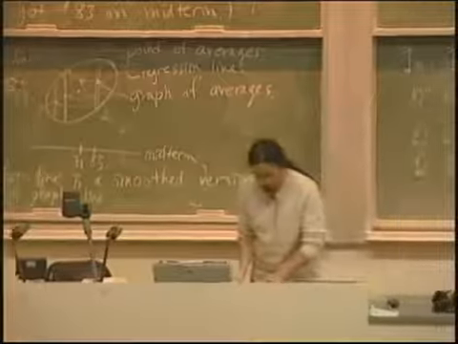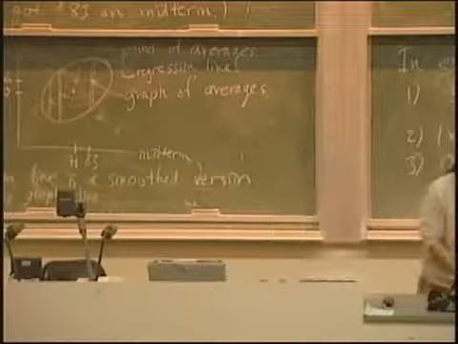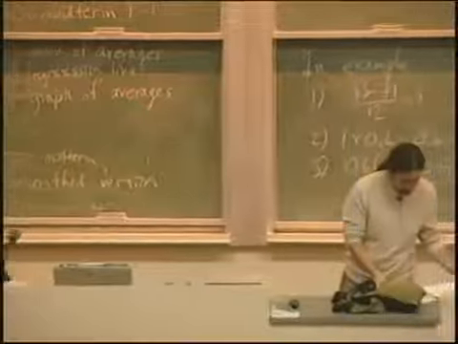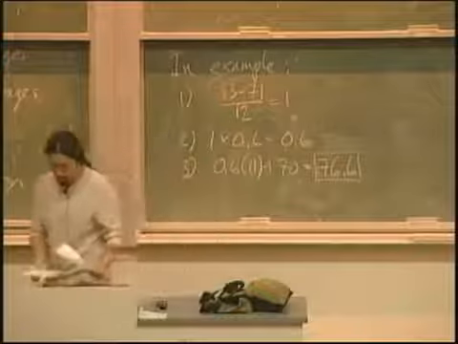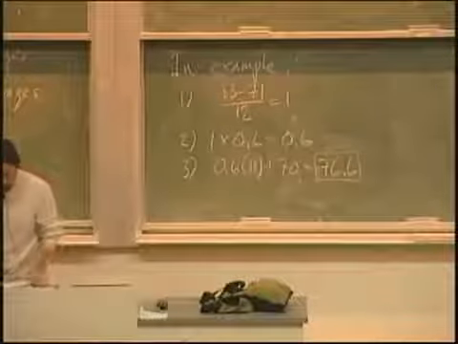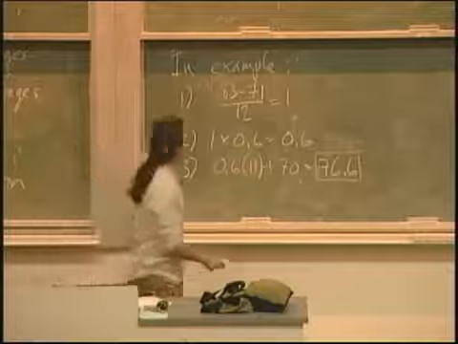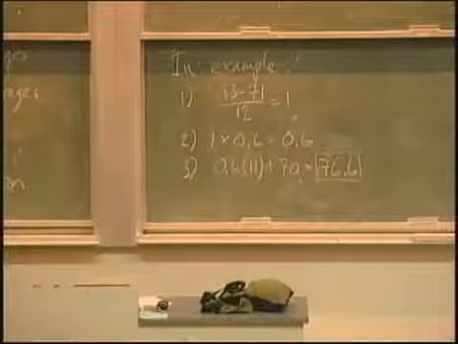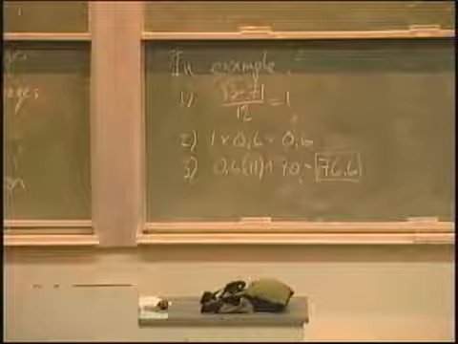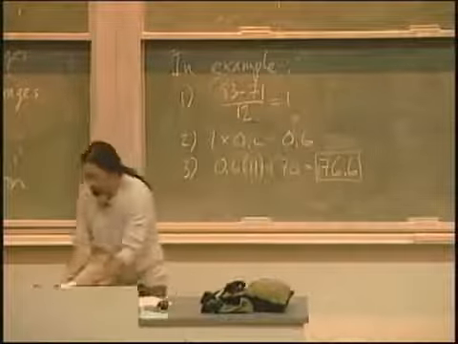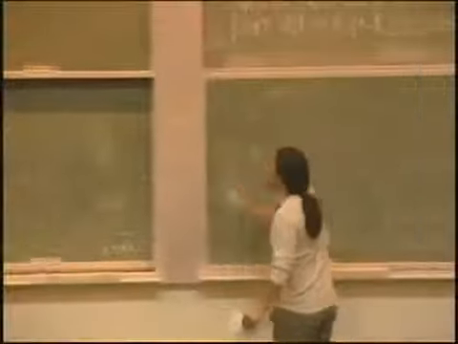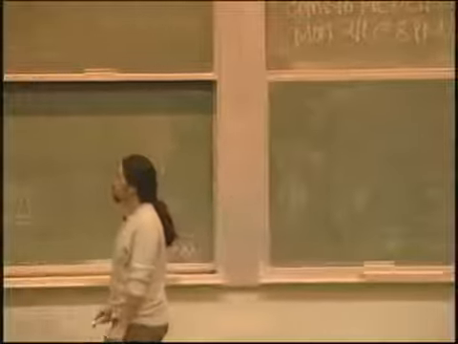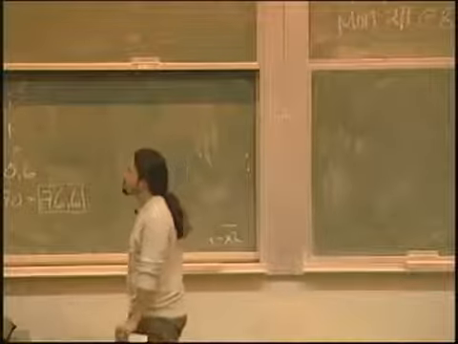OK, so I want to do the same process, the regression method, in a slightly different context. I'm going to still deal with the same data, but I'm going to start with someone who is at 76.6 on the final.